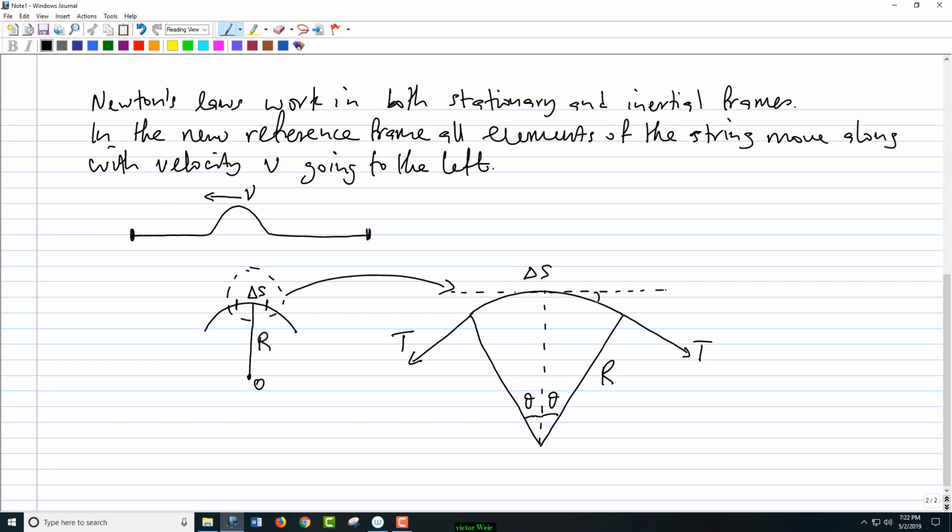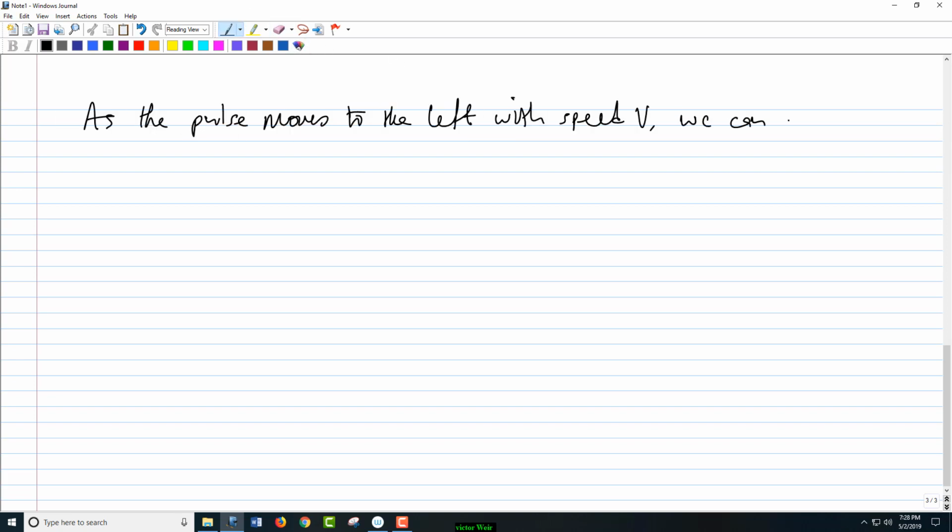If we consider an element of the string which has a length delta s, we will see that this length delta s is just a segment of a circular path, and this circle has radius r, which extends to the origin O. I will draw that again and blow it up to the right so that you can see the entire segment delta s, which is a segment of an arc that is part of a circle of radius r.